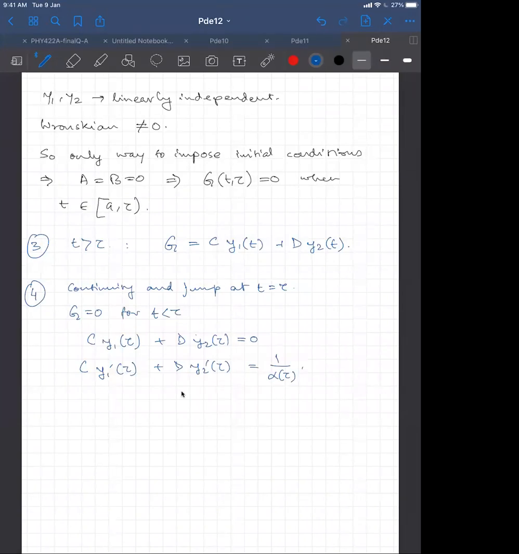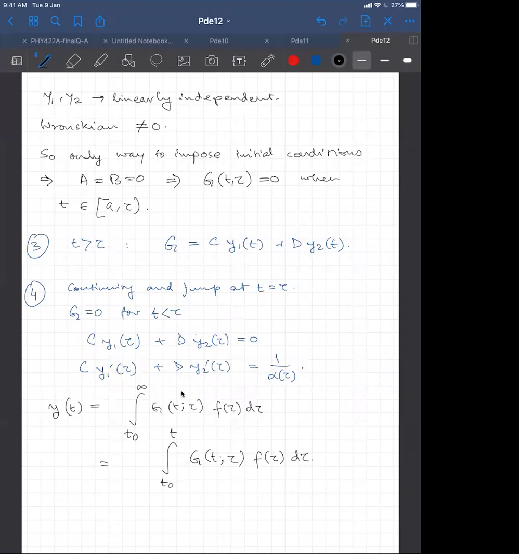These determine the Green's function, which we will now solve to get y of t equal to the integral from t naught to infinity of G of t, tau f of tau d tau. This essentially also gives us the integral from t naught to t of G of t, tau f of tau d tau, because the other part of this is going to be equal to 0.